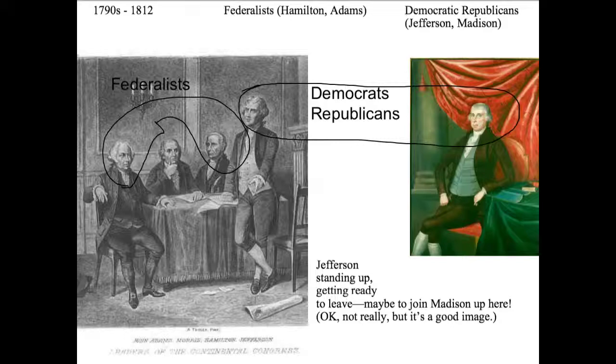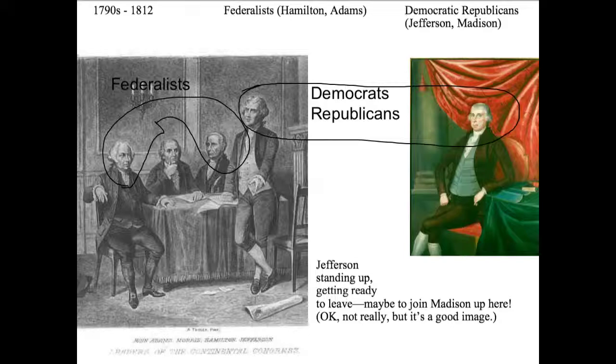Remember how I told you that thinking of the modern political parties was not going to help you? Here's where that becomes true. The Democrats and the Republicans were in fact the same party, and historians now, just to make things slightly easier for ourselves, generally call them the Democratic Republicans.